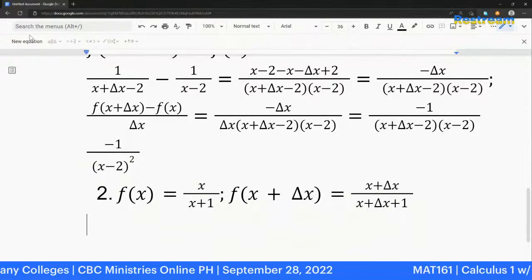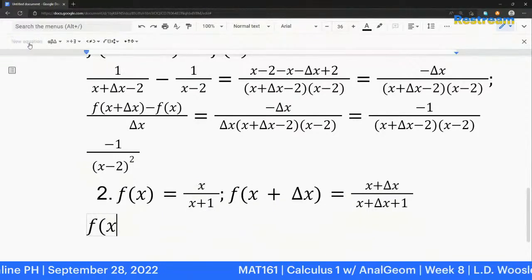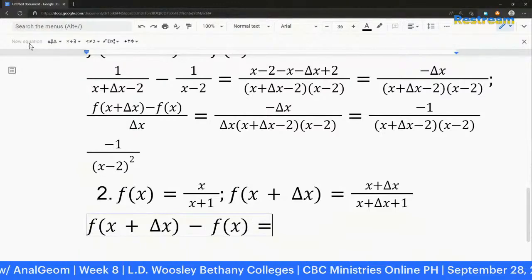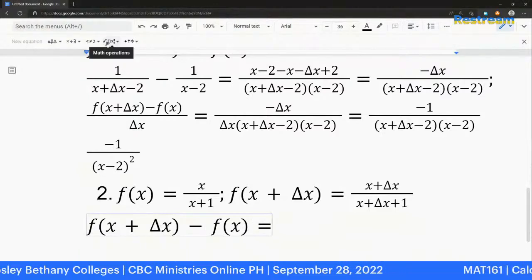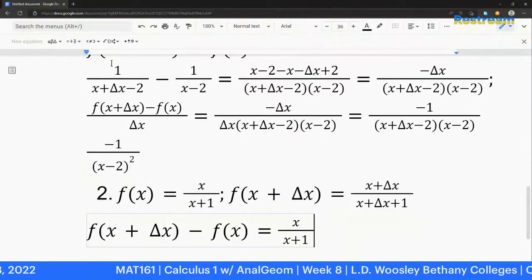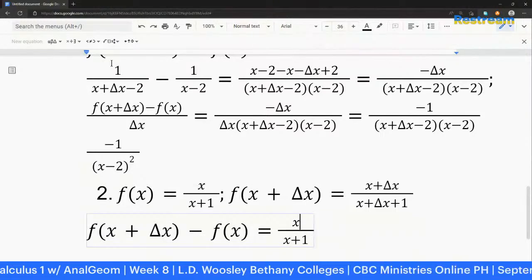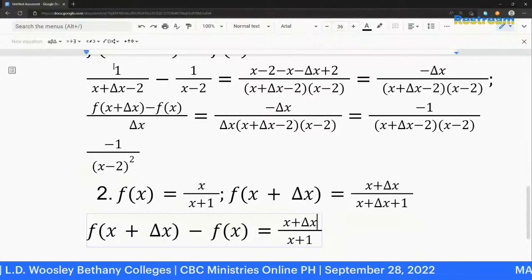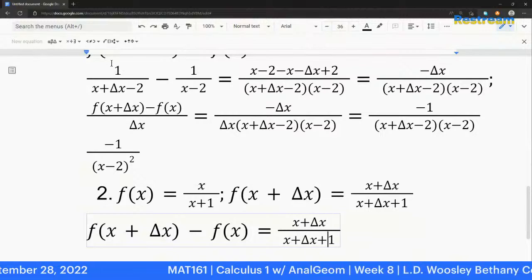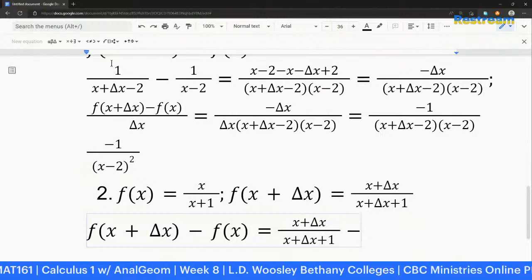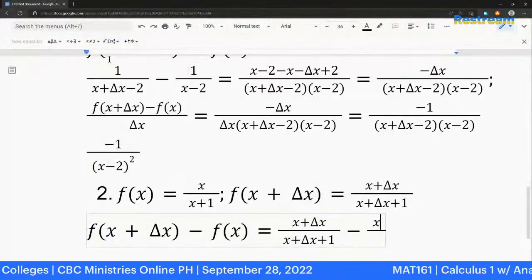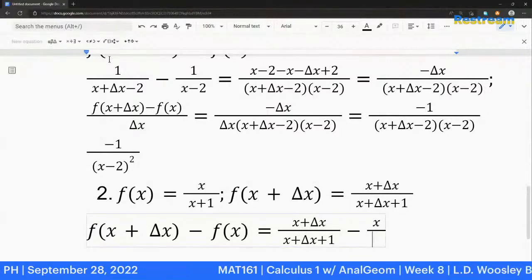So f of x plus delta x minus f of x. This will be equal now to x, so x plus delta x all over x plus delta x plus 1 minus x plus 1.